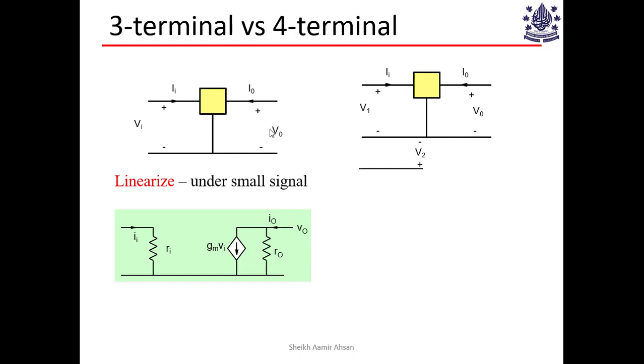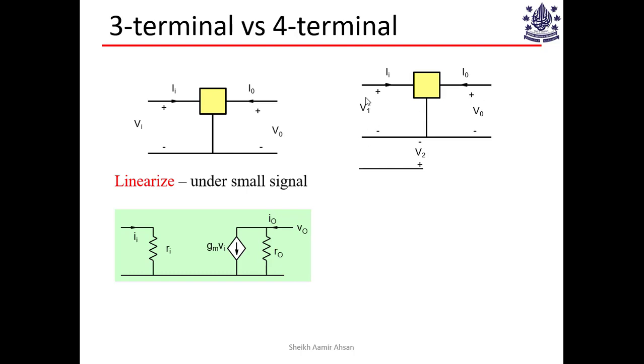I think we can extend the logic that if this is a unilateral network, I naught will be a function of V1, it will be a function of V2, and it will be a function of V0. So again, we will linearize that relationship, and under small signal, the linear relationship between I naught and V naught will be a resistance.